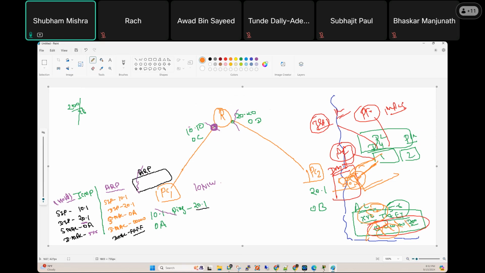Then the server team will check the utilization of IP addresses. Getting my point? That is the task of the server team. But as a network engineer, you just need to provide the connectivity to the DMZ zone. Then the servers will provide the IP address, subnet mask, default gateway, each and everything dynamically. Clear? Understand? Okay, sir. Yes.